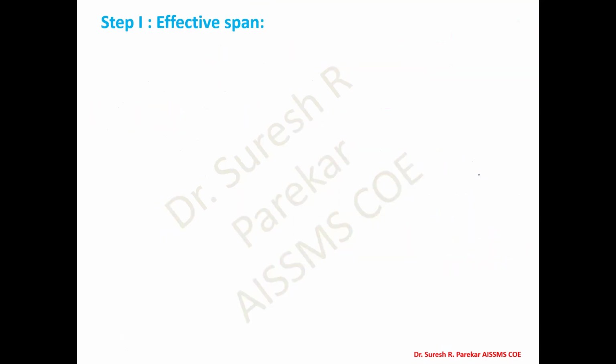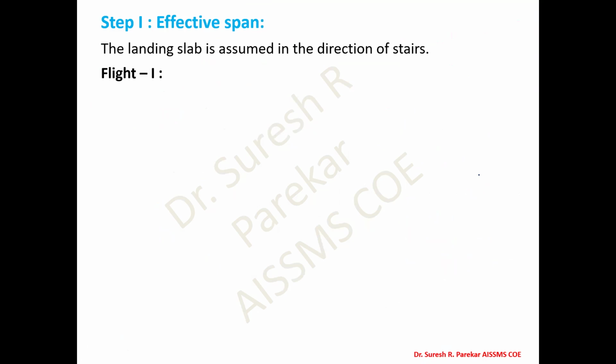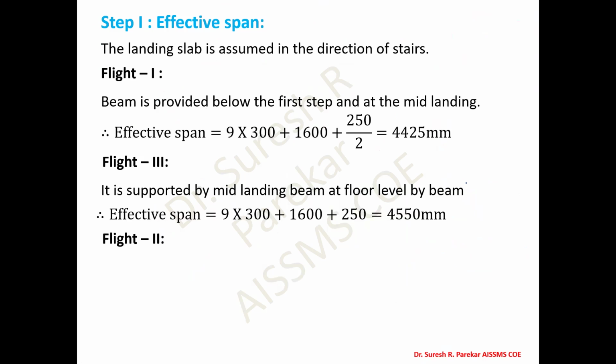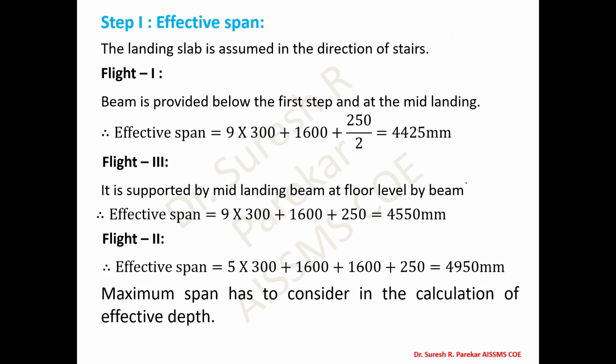So let us check it. For the first flight, we have 4425. What we have calculated is 4425, correct? And for the second, check it, 4.95. For the third flight, we have a little bit of change. It is okay, because in this case we have beam on both sides.